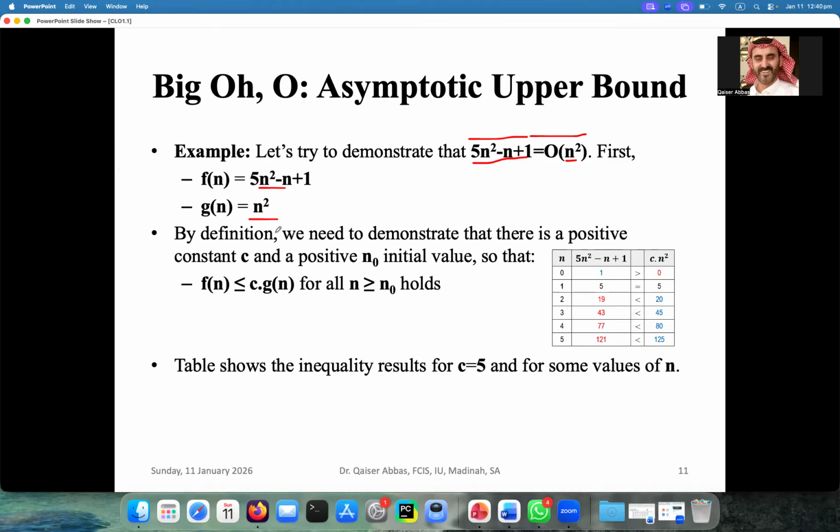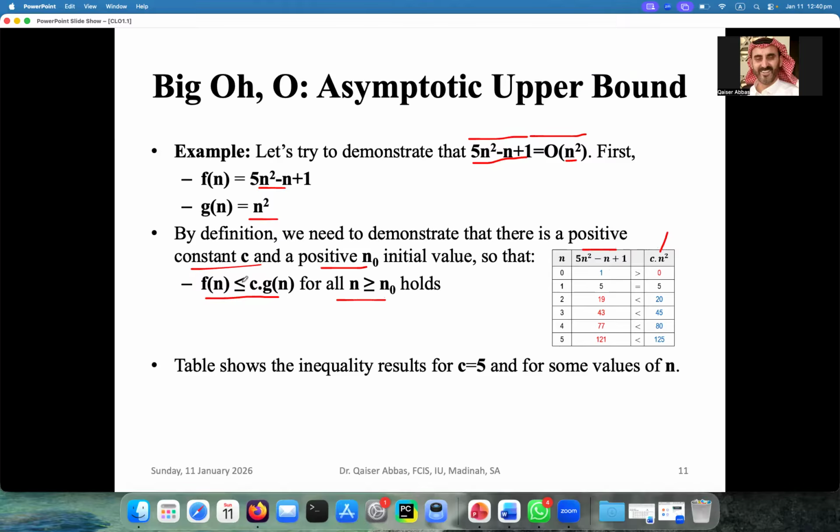So according to the previous definition, we have to find c and n0, and then prove the equation f of n less than or equal to c g of n for all n greater than or equal to n0. Here we are doing that. 5n square minus n plus 1 is f of n, and n square is g of n.